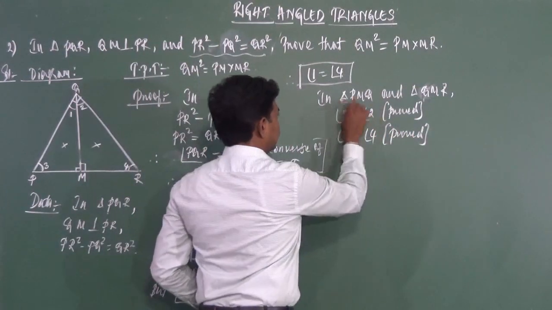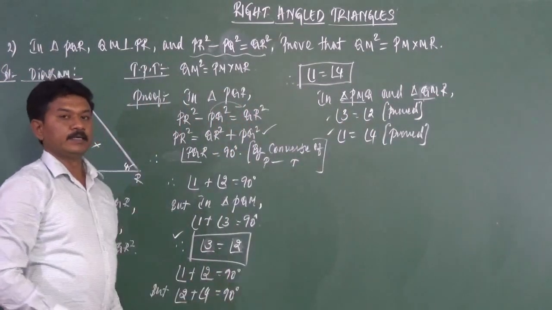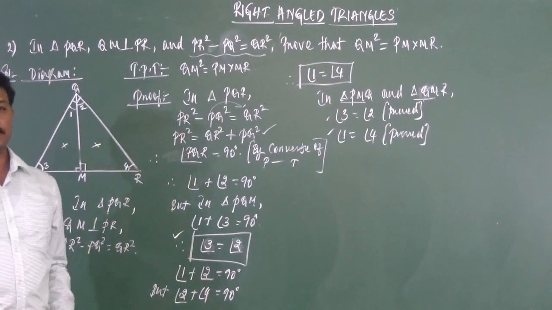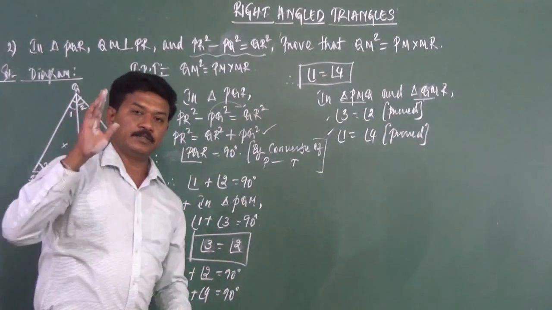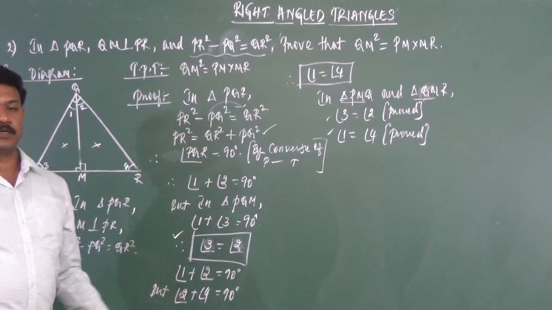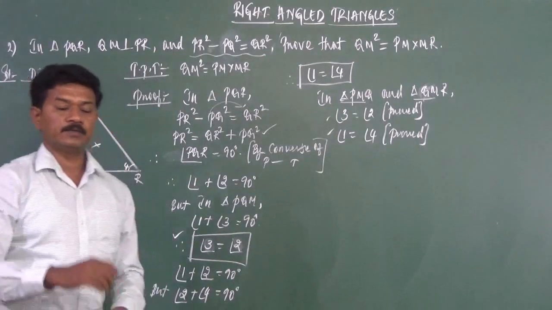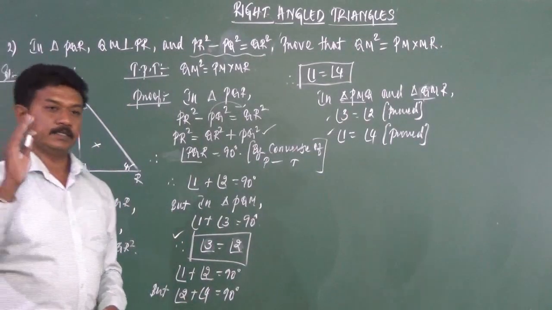Okay, so in these two triangles two pairs of corresponding angles have become equal. So therefore in two triangles, if two pairs of corresponding angles are equal, then they are equiangular. If two triangles are equiangular, according to theorem 1, both the triangles should be similar according to the AA similarity criterion.